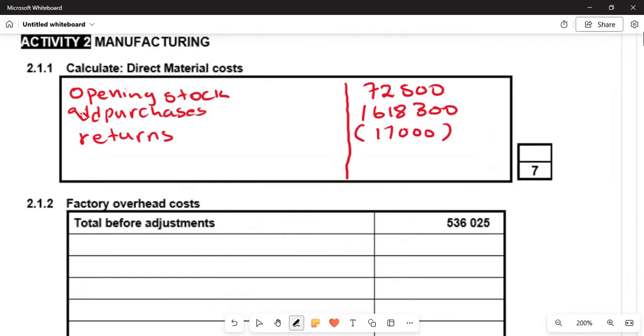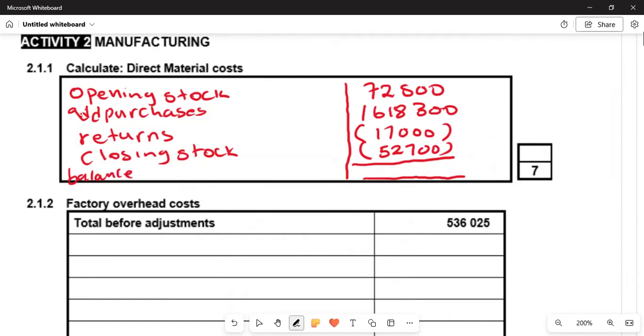We also have the closing stock, which is to be subtracted as well, 52,700. Now we want to know the balance at the end of the year, whereby we're going to add our purchases to our opening stock, and then subtract the returns as well as closing stock.